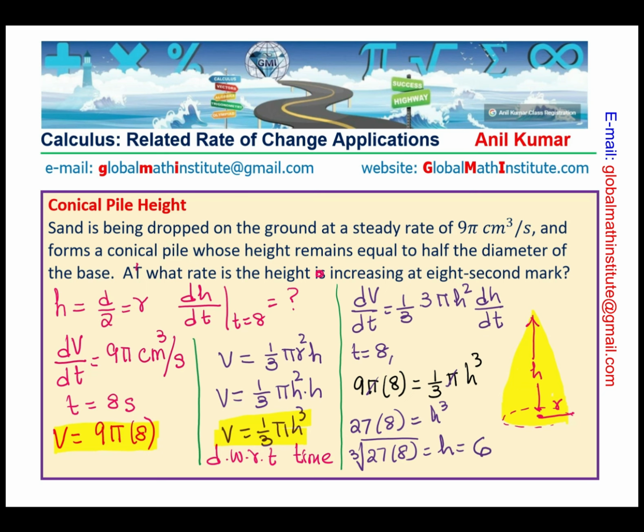We have this particular formula right there, that dV/dt is equal to one third, the 3 will cancel, pi h squared dh/dt. Is that clear to you? We can substitute height equals 6 and find dh/dt. Correct. So we'll do all the calculations on the next page.